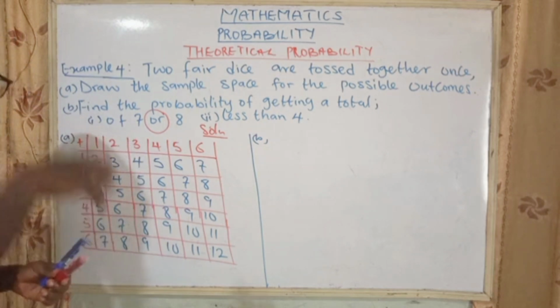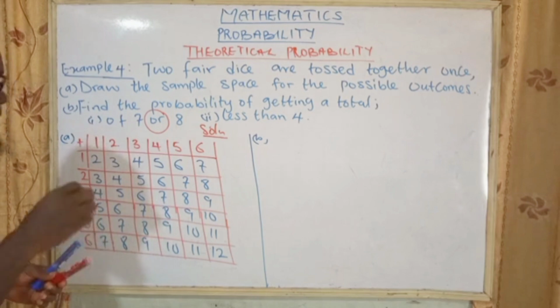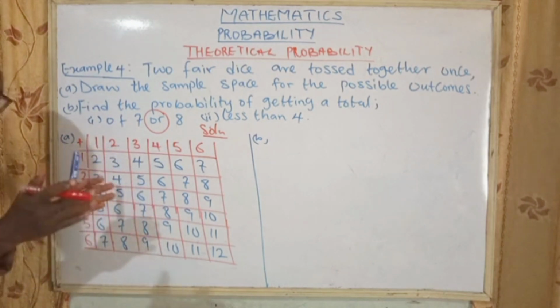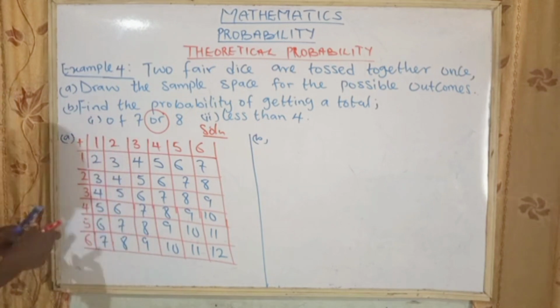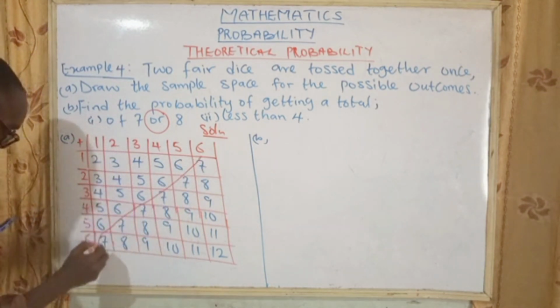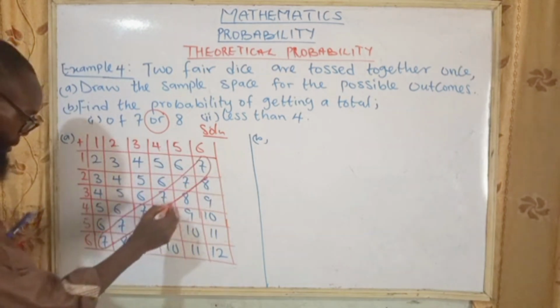So we are still going to apply the rule of addition. Now in this case, let us look for when they sum together to give 7. So these are 7. Then these are 8.